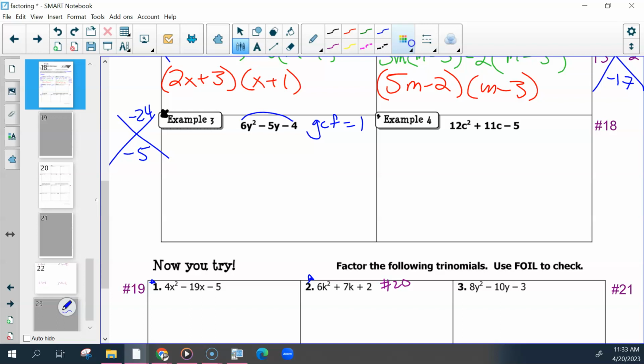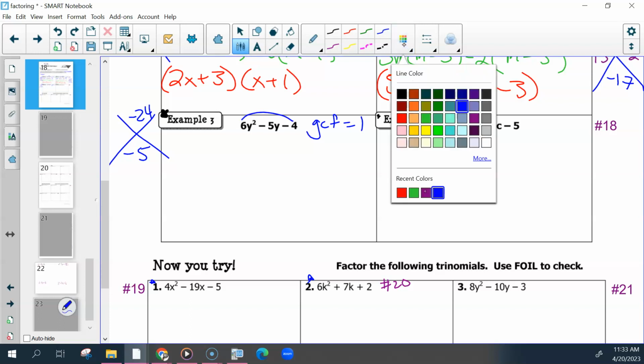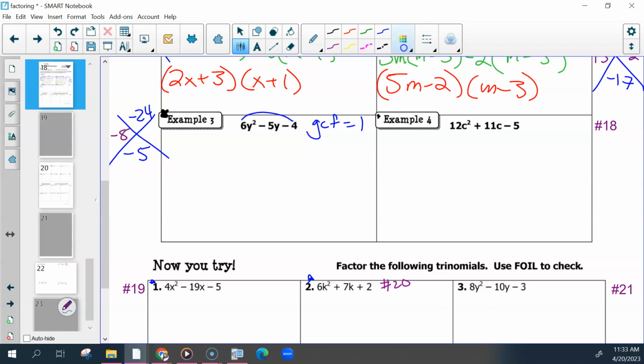What would those two numbers be? Which one would be negative? So then rewrite it into 4 terms.